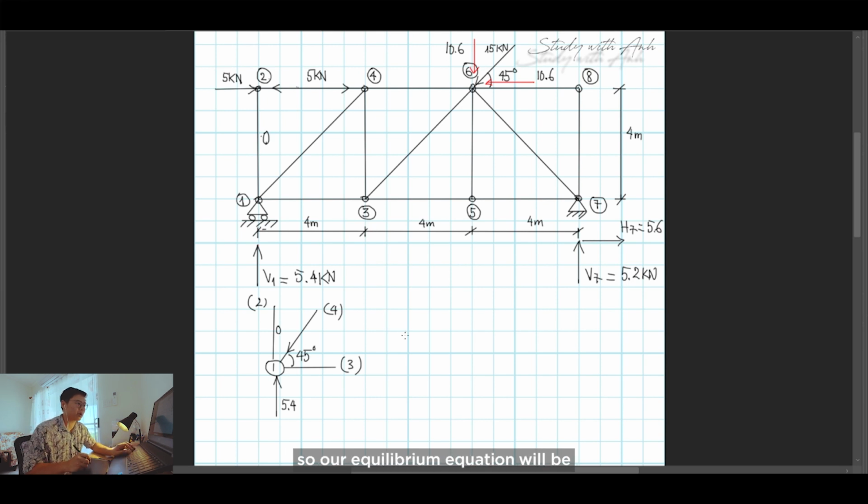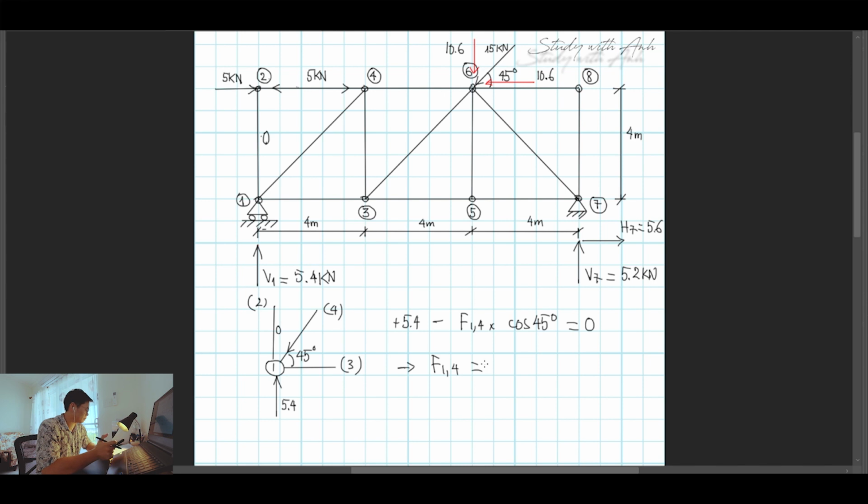Our equilibrium condition will be positive 5.4 because it's going up, and then minus F14 multiplied by cos 45 degrees equals 0. Right, so from here you will have F14 equal to 7.64 kilonewton. Yeah, so member 1,4 here is compression.